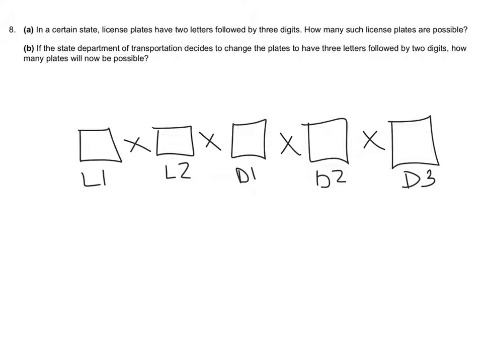So if I look at the first box, which represents the number of ways to select letter 1, I know that there are 26 different letters in the alphabet. So if we counted all the letters from A to Z, there would be 26 letters. That means that there are 26 different ways I can select letter 1. There's also 26 different ways to select letter 2.